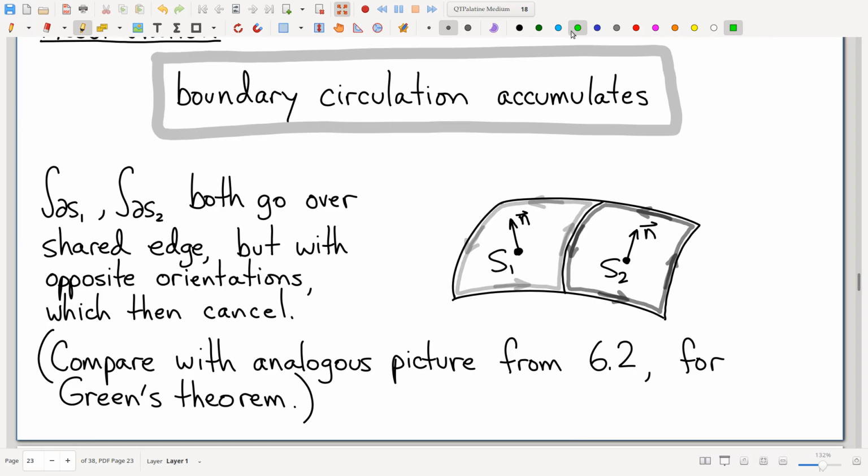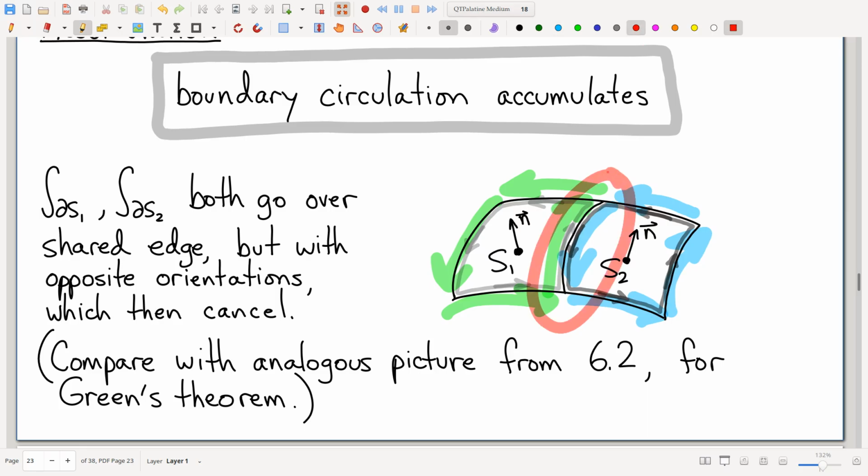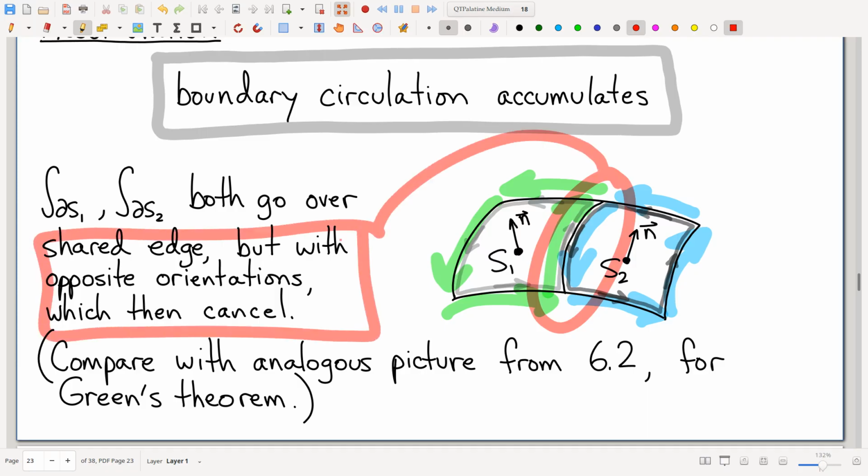And with that rule established, boundary circulation accumulates. This little piece of surface, the boundary circulation goes like that. That follows our rule. This little piece of surface over here, boundary circulation goes like this, again following the same rule. Do these add up as they're supposed to? Well, I'm a little concerned about this stuff in the middle, but that stuff in the middle, just like every other example that we've seen, we drew a picture morally identical to this when we wrote down Green's theorem.